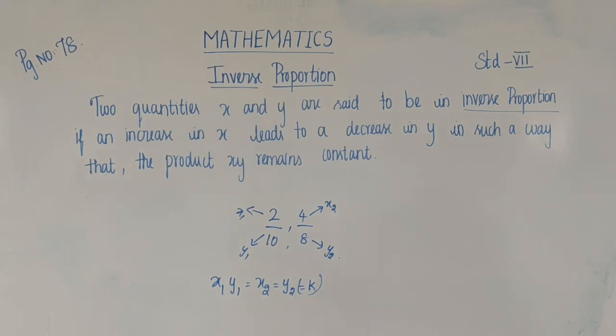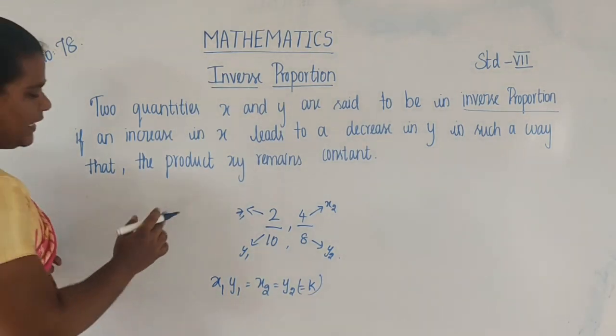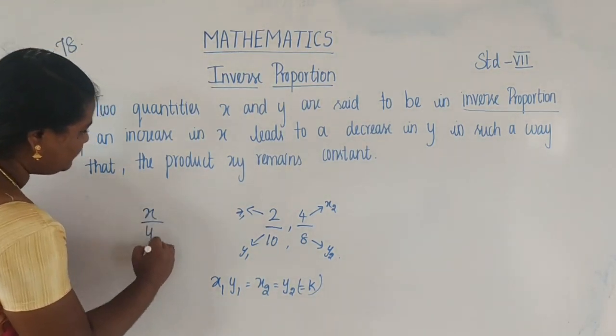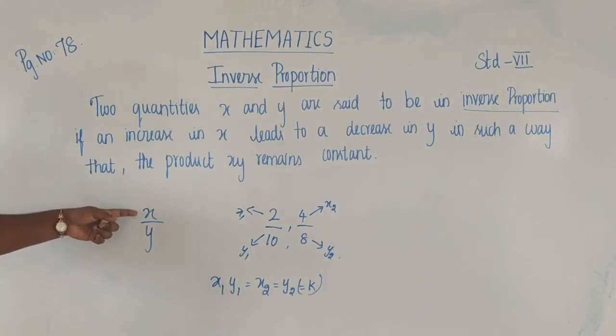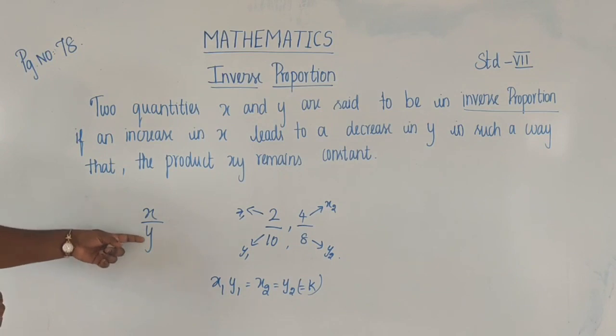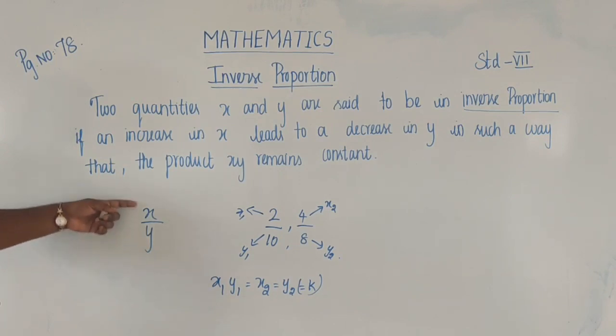So simply, we take x and y. If x value is increasing, y value is decreasing at the same time. This is called inverse proportion.